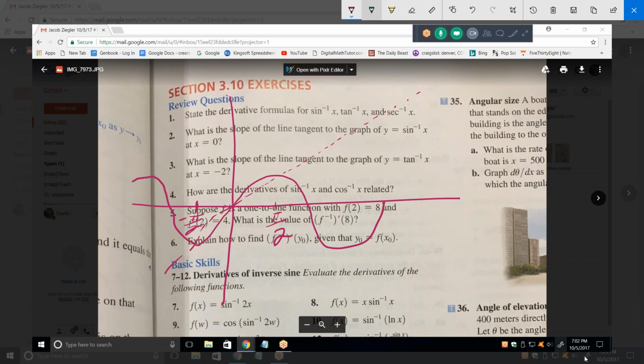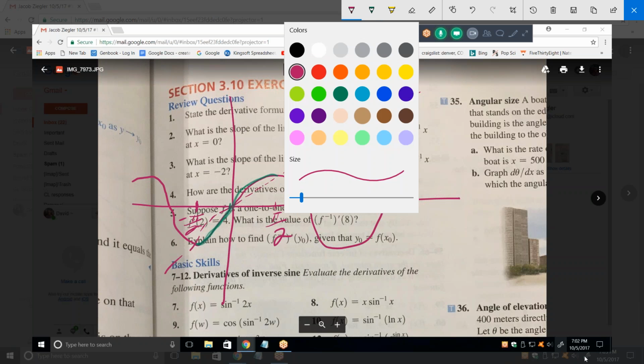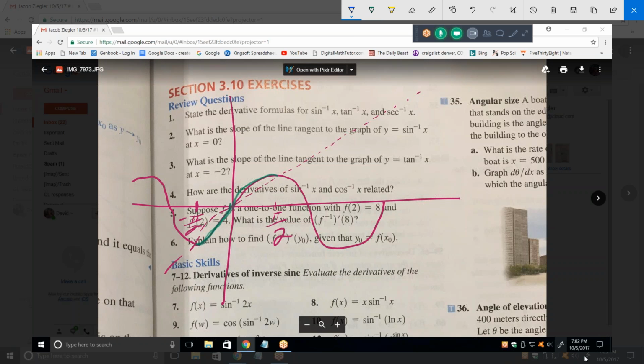So really what we're looking at is this part of the curve only. And the way we're going to get that inverse is to reflect it over the line. All inverses are reflections over the line y equals x. That's what that line is, y equals x, the dotted line.